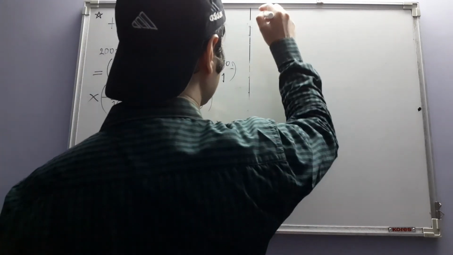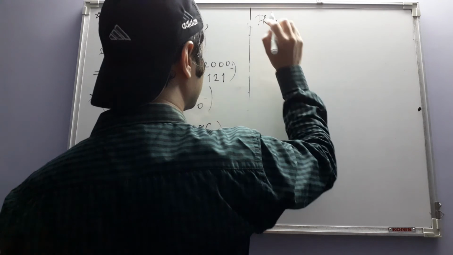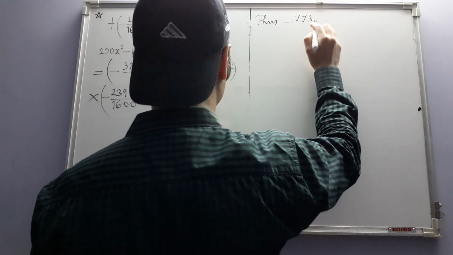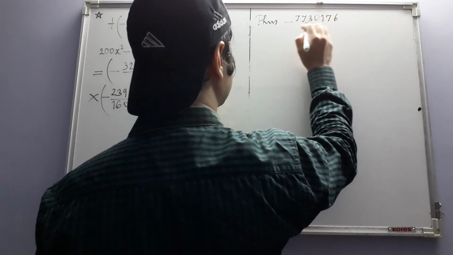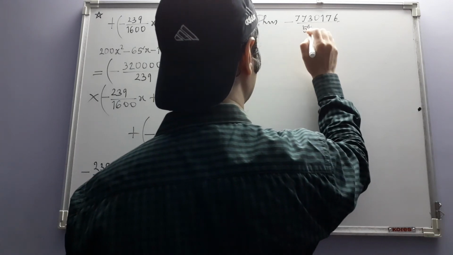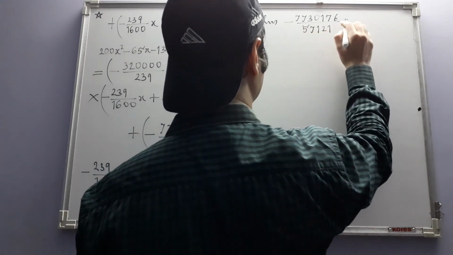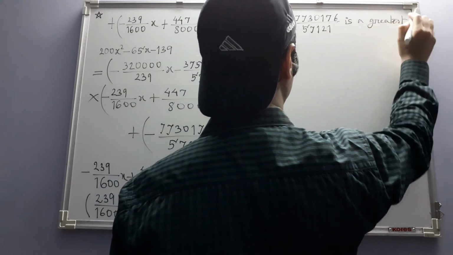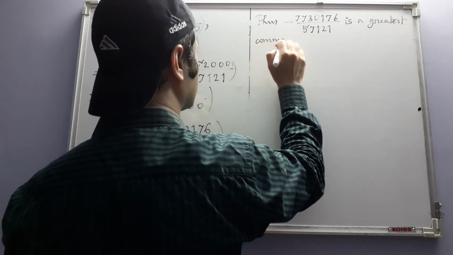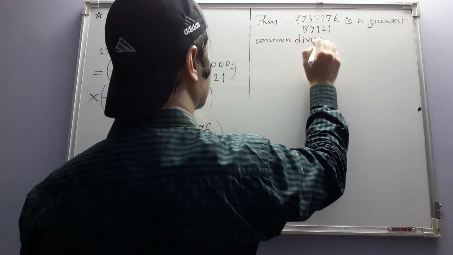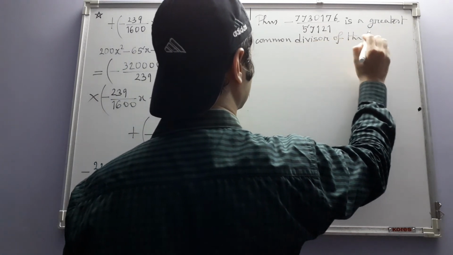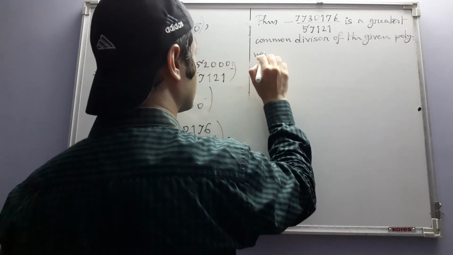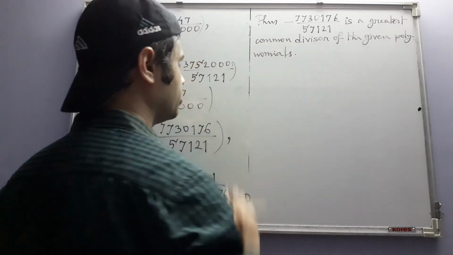So here we can say thus minus 7730176 divided by 57121 is a greatest common divisor of the given polynomials.